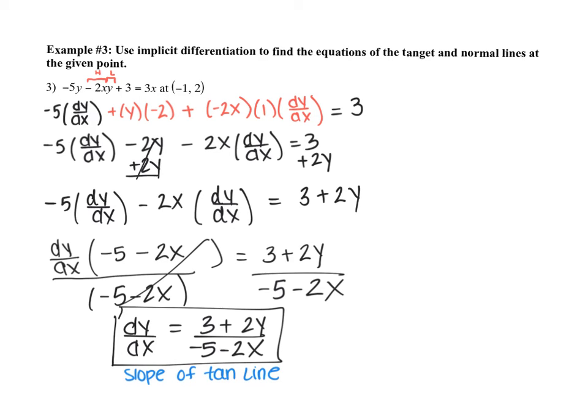when I plug in this point, negative 1, 2. So I'm going to do that first. That's going to be my first step toward getting the equations. So step 1 is find the slope of the tangent line.